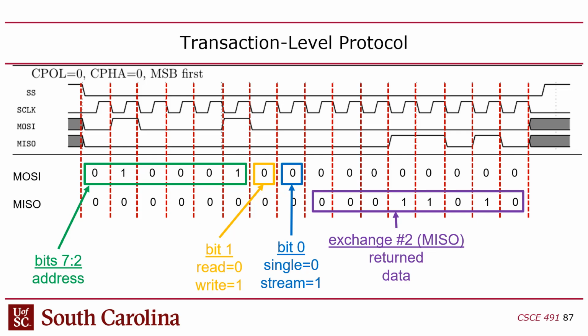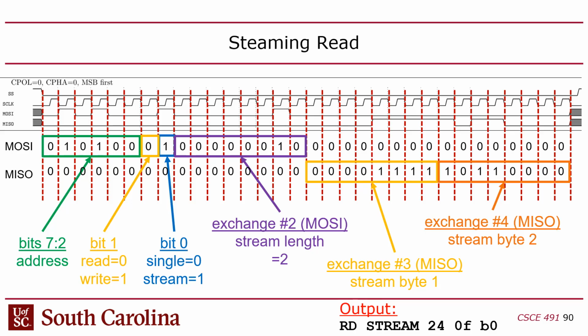And if you do a stream, the second exchange, which is the second 8 bits, is used to specify the stream length, which is not shown here because this is not a streaming one. Oh, actually, this is a streaming one. So this is a streaming read, and the first 2 exchanges, the first 2 bytes, are part of the header sent by the master.